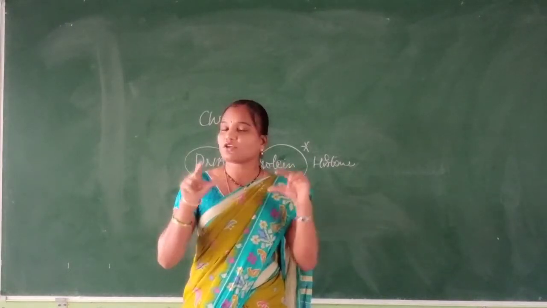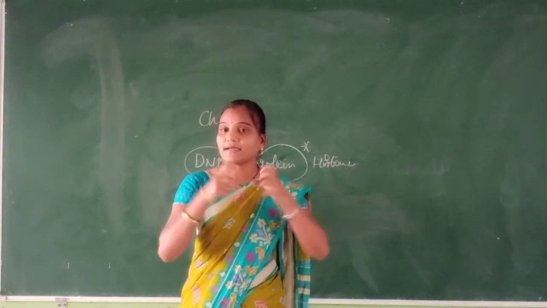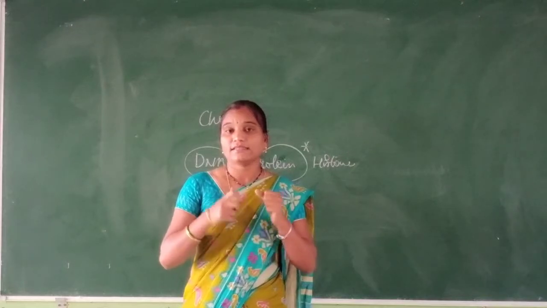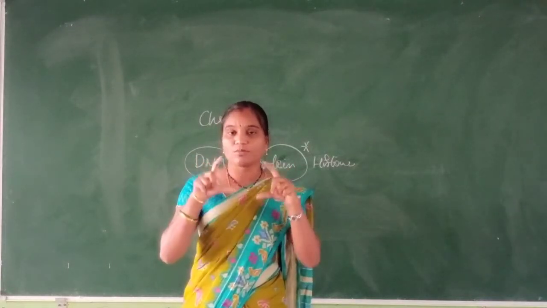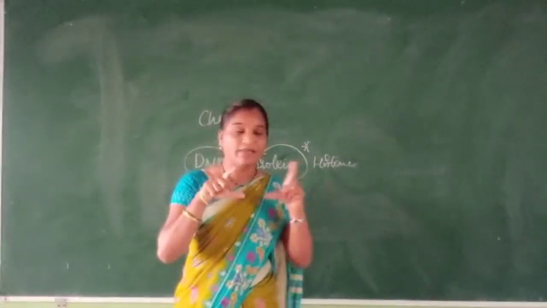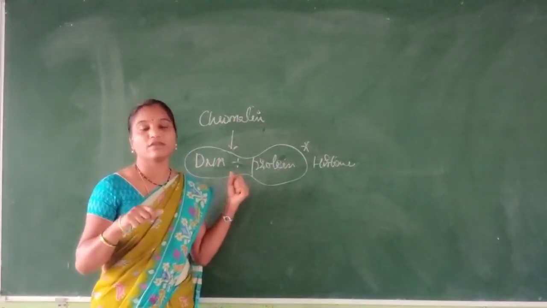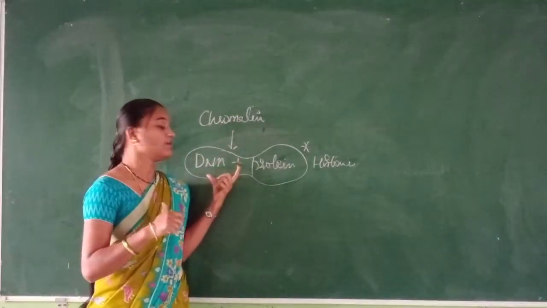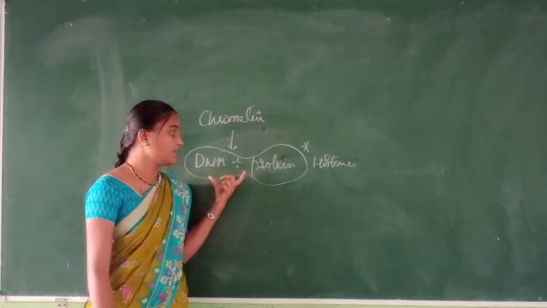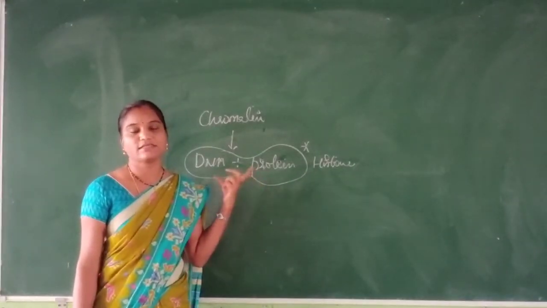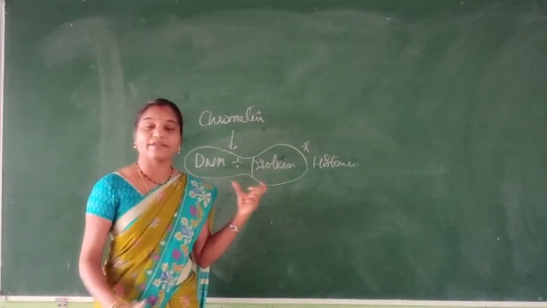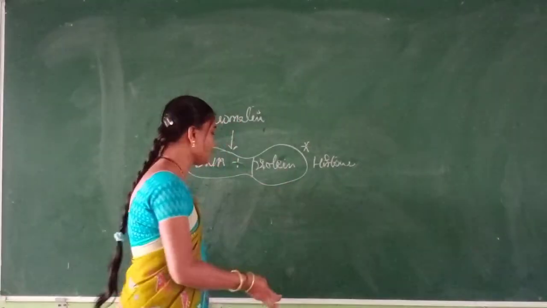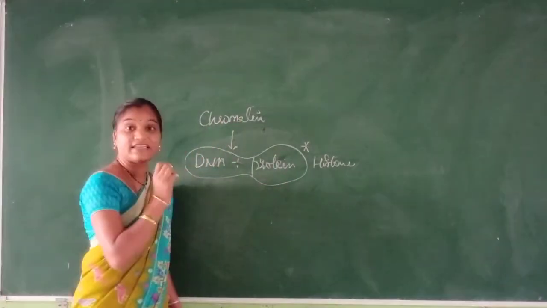So this octamer arrangement will anchor your DNA molecule, and this complex is your chromatin. Chromatin is composed of DNA and proteins, that is, histone protein molecules. And this is present in a bead and string model.